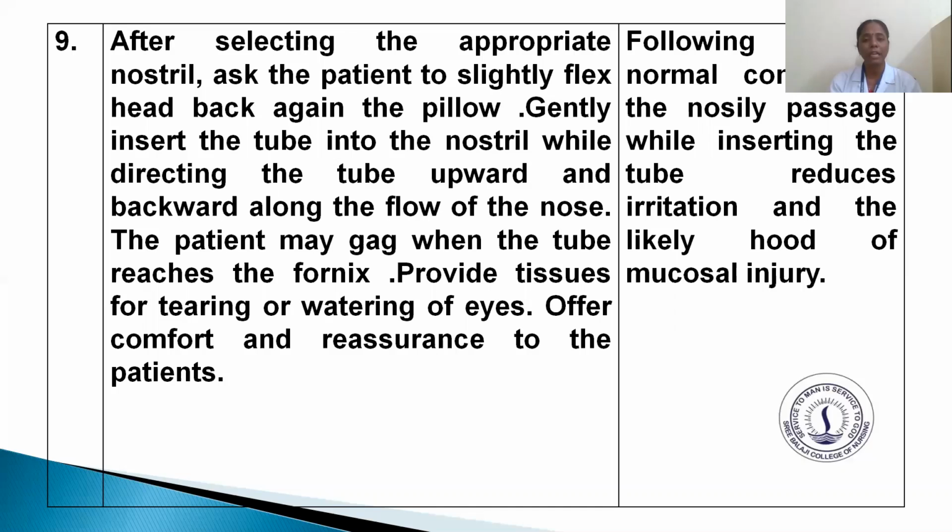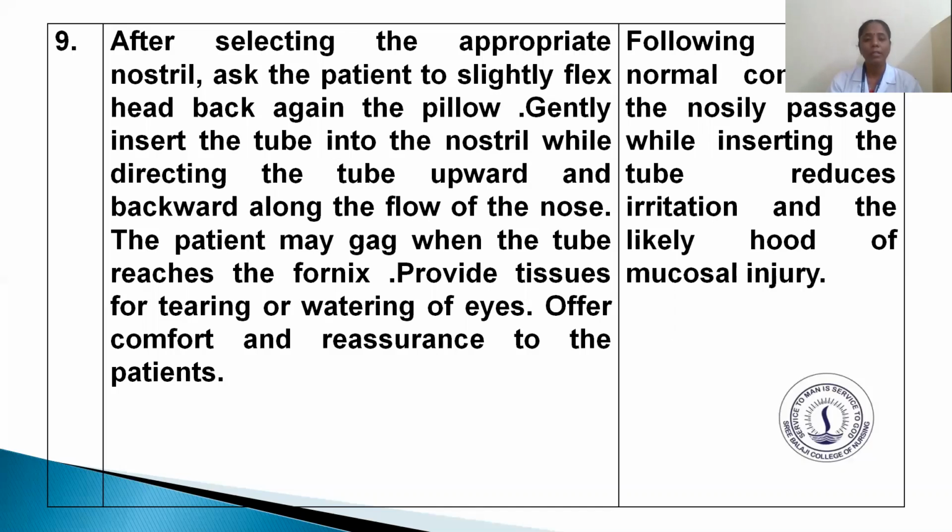After selecting the nostril, what will happen? Ask the patient to slightly flex the head back against the pillow. Gently insert. You can use the left hand to separate the nostril and insert the tube in an upward and backward movement.